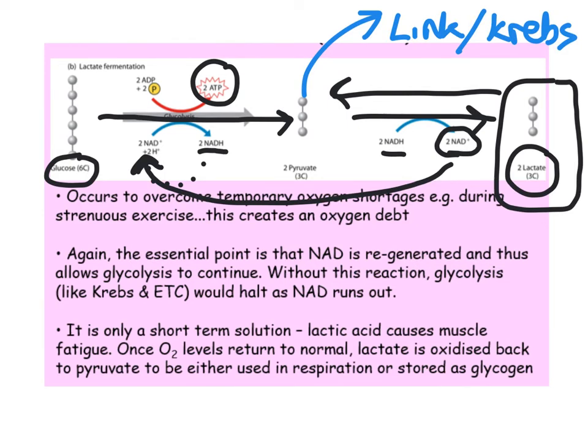Okay, it's actually possible, if it's not sent off to Krebs, that it could go off and be stored. There's actually a biochemical pathway where it can be stored as glycogen. But it's probably easiest to imagine that once we convert that lactate back, it will go off and be involved in the Krebs cycle via the link reaction.